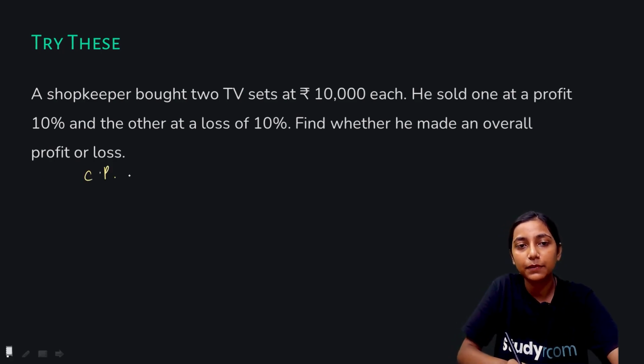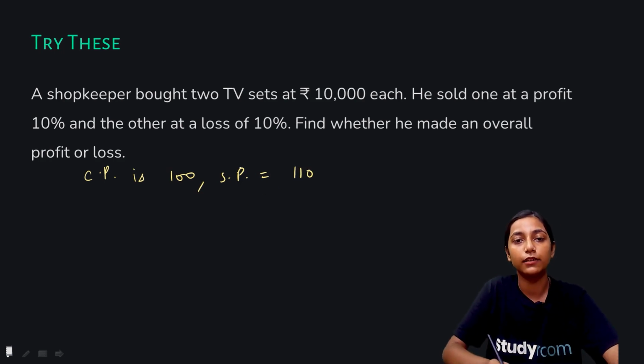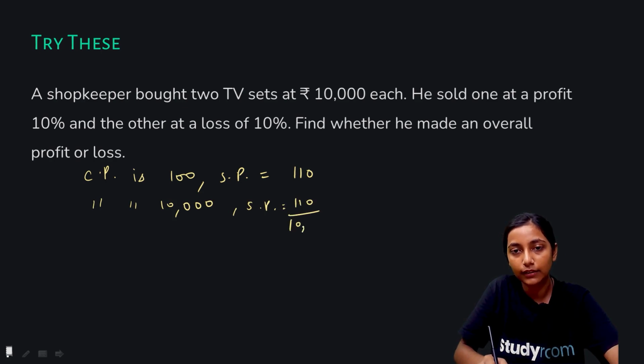That means if CP, cost price, is 100, selling price is how much? 110. Because it was 10% profit. Now when the cost price is 10,000, the selling price will be 110 upon 100 into 10,000.